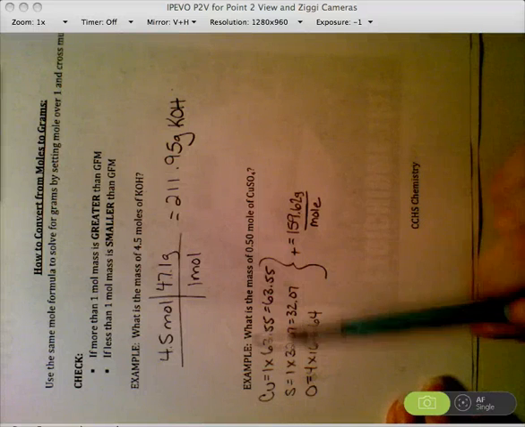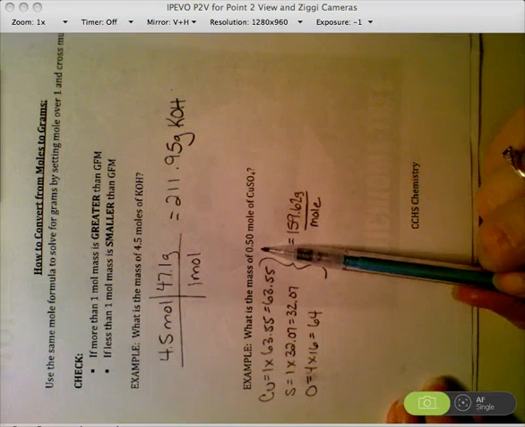Okay, so let's continue. What is the mass of 0.5 moles of copper sulfate?